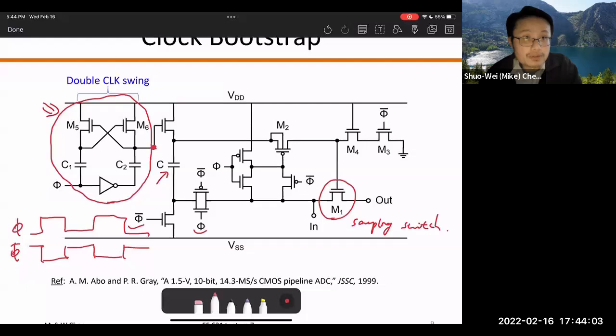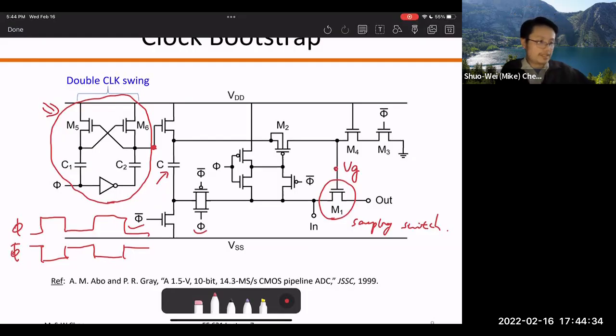No matter how you vary these clock bootstrap circuits, typically people use a capacitor basically as a battery right there. And then of course you have a bunch of switches connected to different phases. The bottom line is that you want to control this gate voltage to be exactly V in plus VDD during the tracking mode. So that's sort of the target.